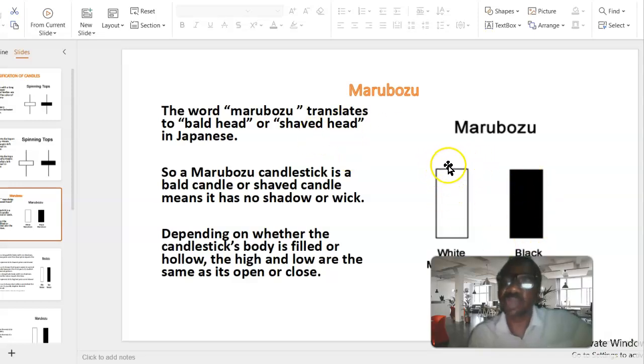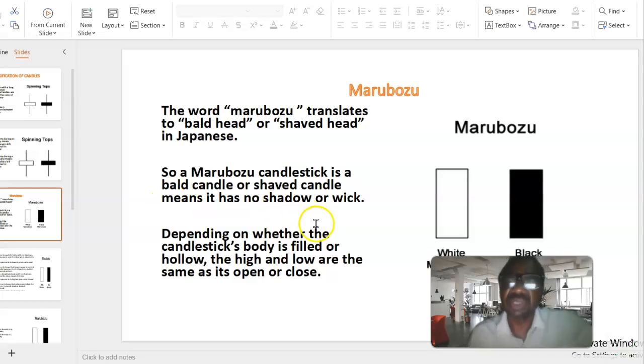Remember, there is no wick at the top. There could be little or no wicks at the top, and little or no wicks at the low. We could also have little or no wicks for the bear candle. So this is the representation of a Marubozu.